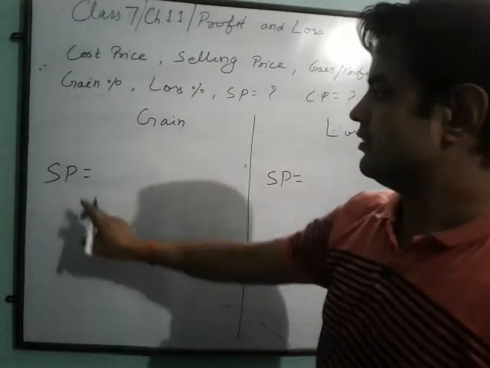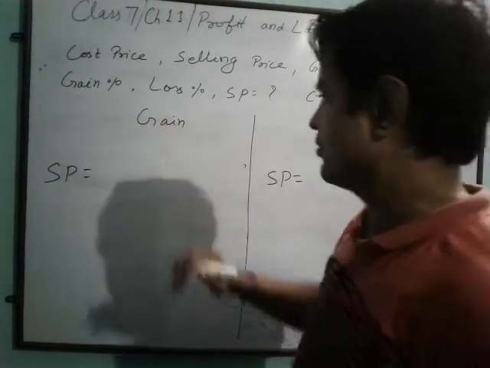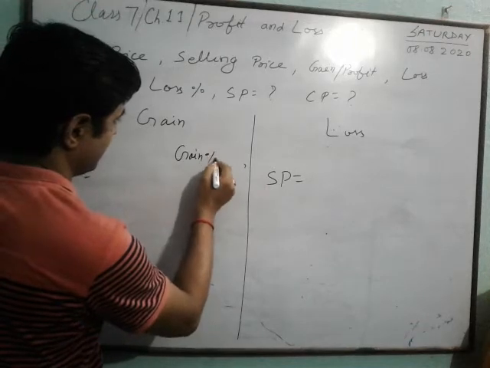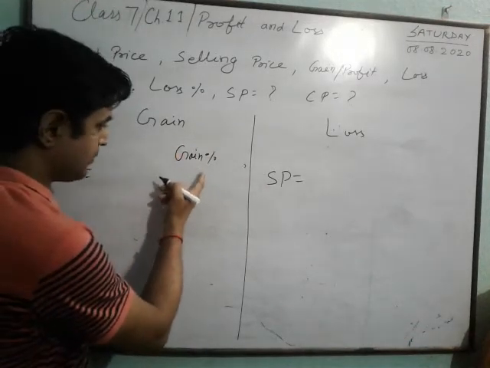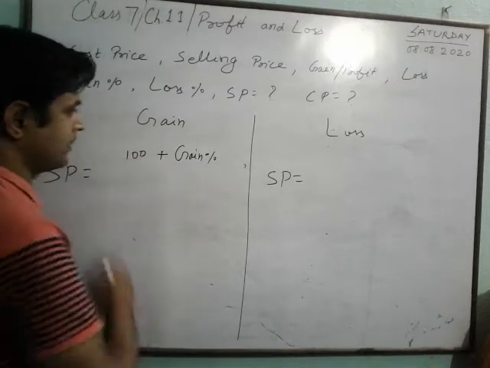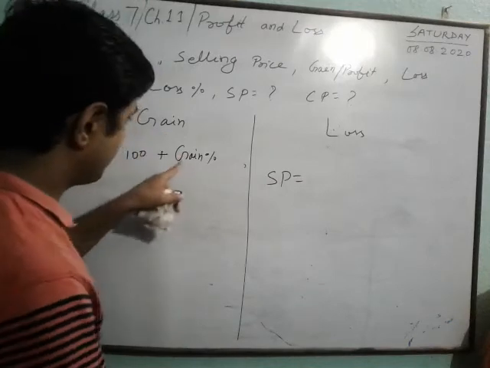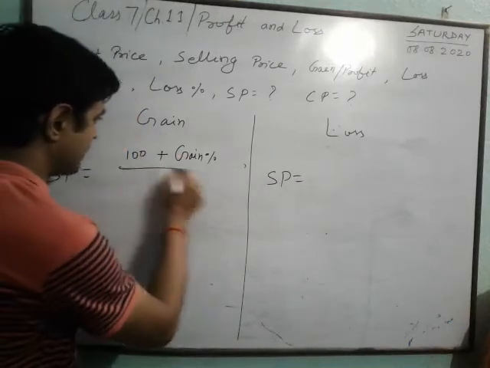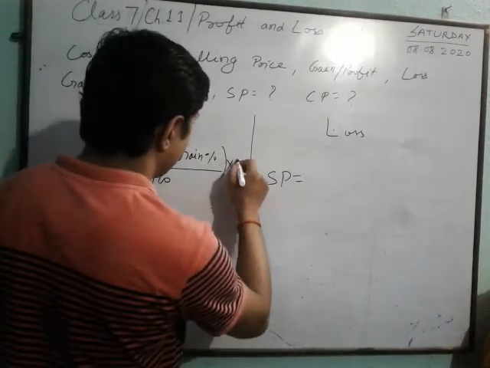This is the case of gain. First write the gain percent and add this gain percent to 100. First write the gain percent and add 100 to this and divide this by 100 and multiply it by CP.